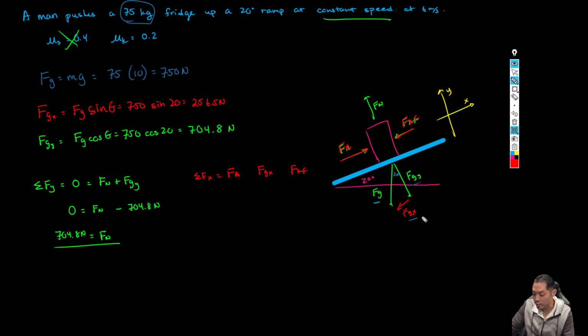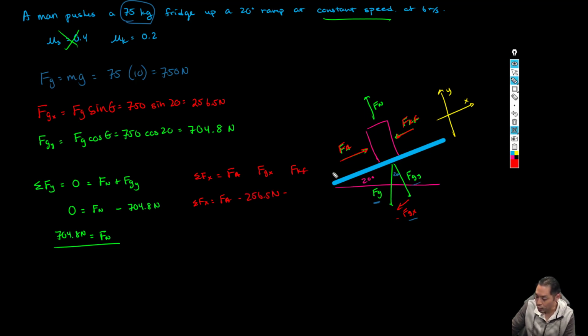You have to determine which way you want to be positive or negative, left to be positive or right. I like going right to be positive, so I'm going to make this one negative. So sum of all forces is equal to Fa, which is the unknown. Fgx is up here, so I'm going to make it negative 256.5.